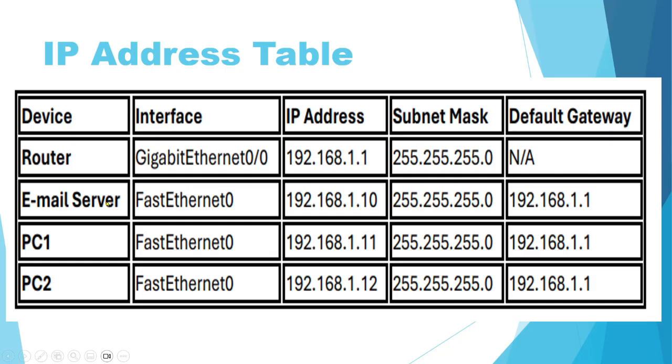Again, the email server will have FastEthernet with this IP address 192.168.1.10. The subnet mask will get automatically generated, and here we are going to pass the default gateway 192.168.1.1, and the same default gateway we are going to use for the email server, PC1 and PC0.